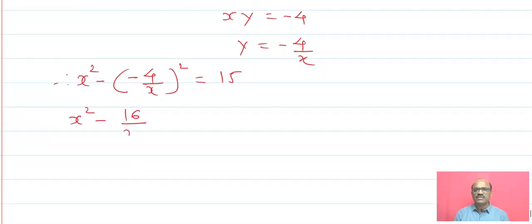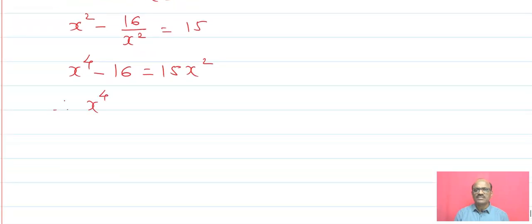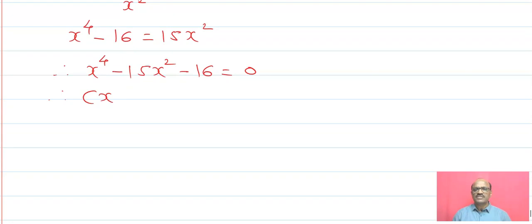Therefore x square minus 16 upon x square is equal to 15. Multiply on both sides by x square, then you will get x raised to 4 minus 16 is equal to 15x square. Therefore x raised to 4 minus 15x square minus 16 is equal to 0.